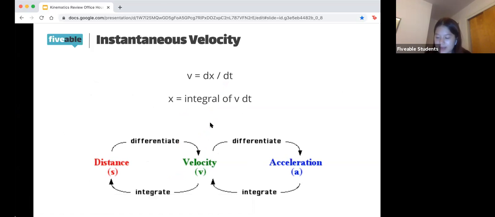So instead of saying velocity is the change in x, delta x, over the change in t, we turn the delta into a d for derivative, because we're working instantaneously. The change in t is infinitely small because we're trying to get right now.